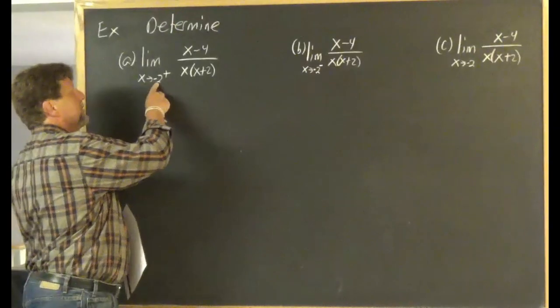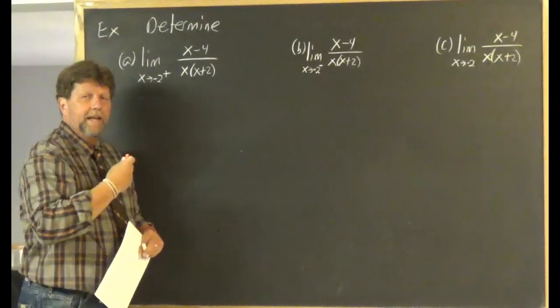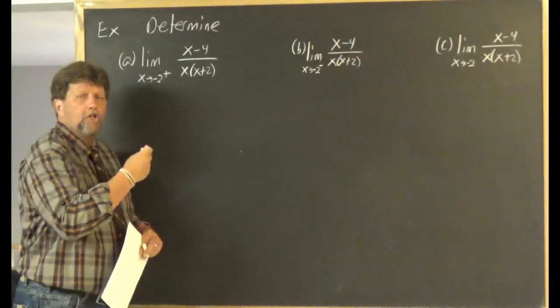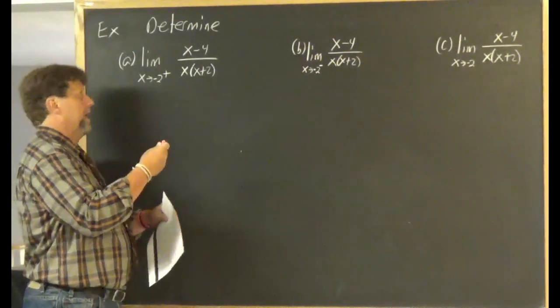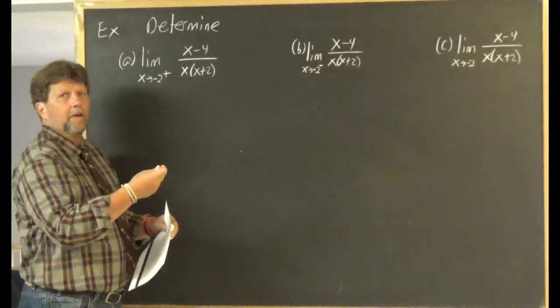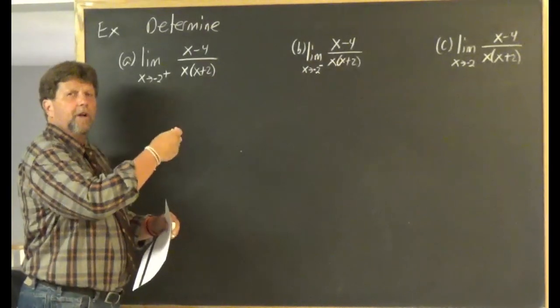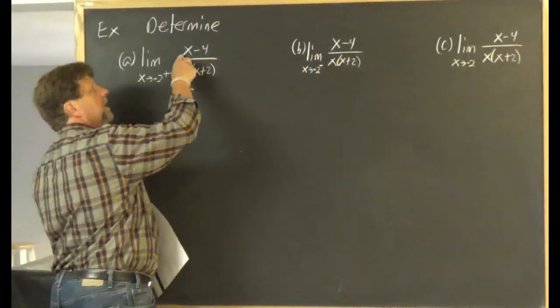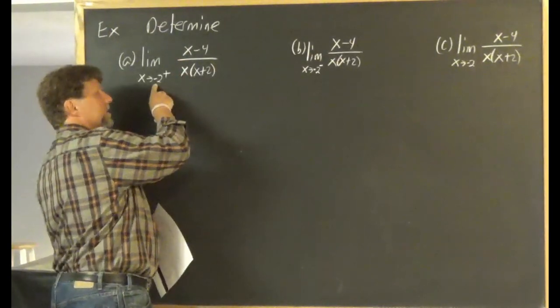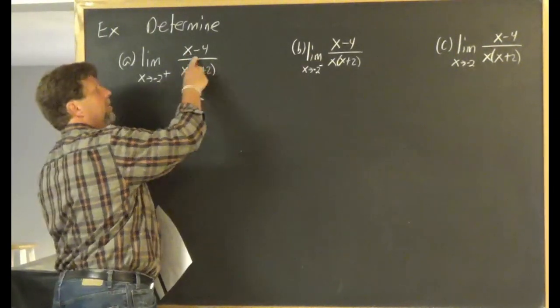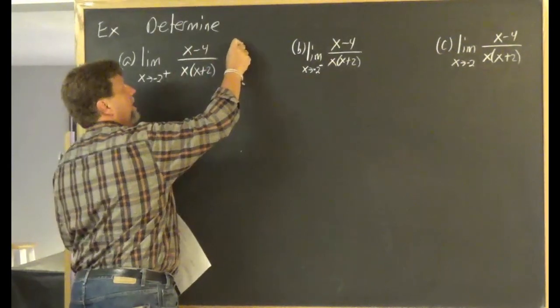So let's think. As x approaches negative 2 from the right side of negative 2, we're a little bit larger than negative 2. Negative 1 is a little bit larger than negative 2, but we're a little bit larger than negative 2. The numerator, if you put a number in that's a little bit larger than negative 2, would be a negative number.